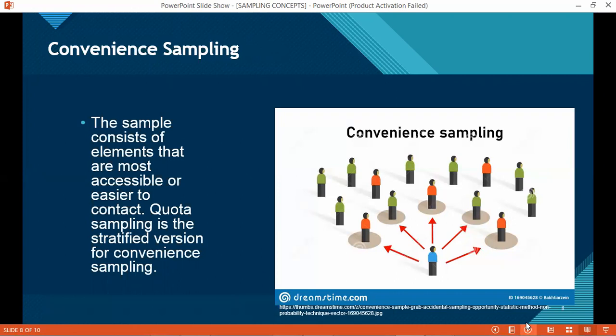Those will be your sample using convenience sampling. This one is not a random sampling, since not all the population has the chance to be chosen as your sample. Sino lang yung pinakamalapit, then yun na yung kukunin mong sample.